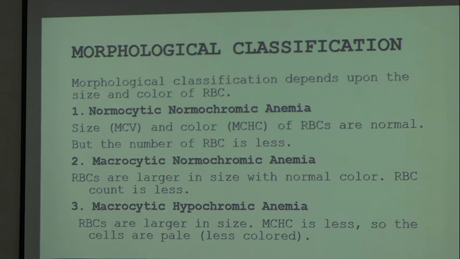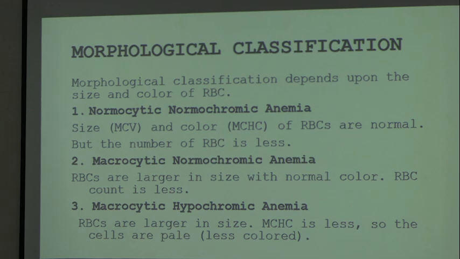From these indices, one is MCV, mean corpuscular volume, the average size of the RBCs. It is derived from an equation. How much hemoglobin is there is estimated from MCHC, mean corpuscular hemoglobin concentration. From this I will get a number, and it has a normal range.